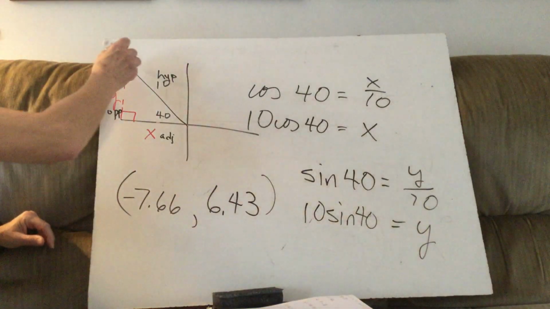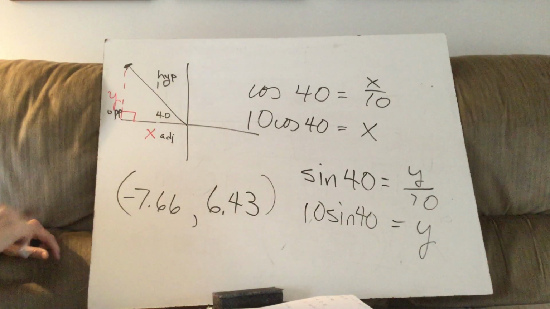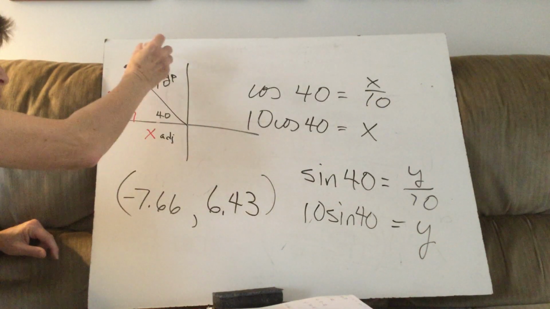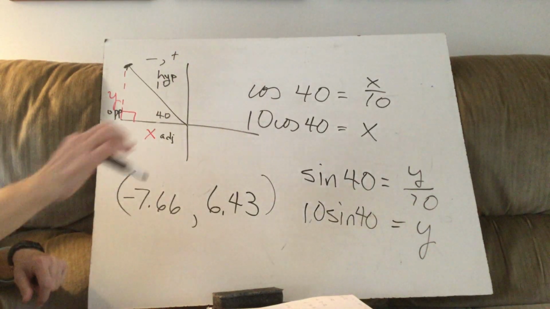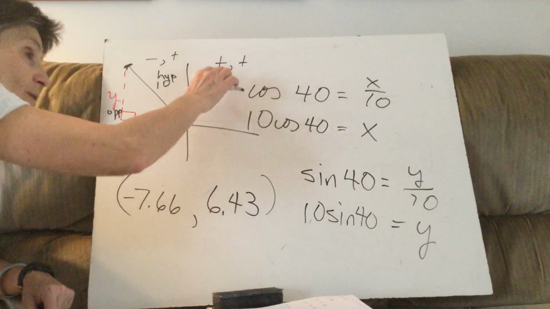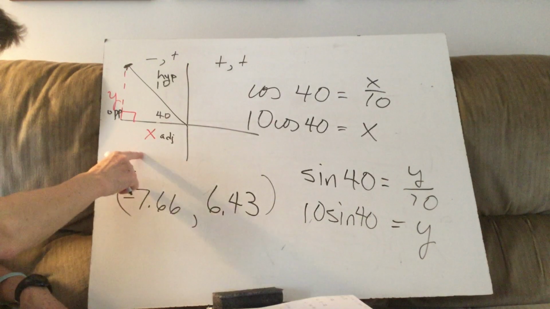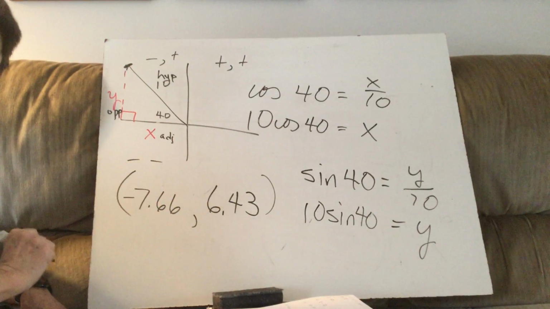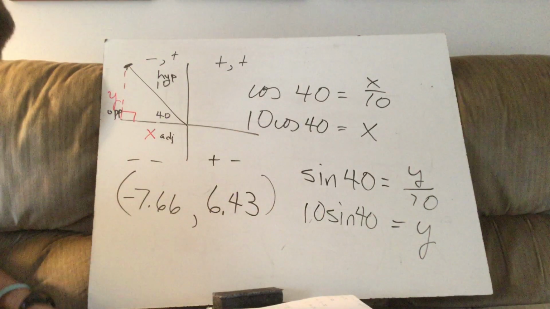Remember, you're identifying a point in the second quadrant. And everything in the second quadrant is negative, positive. Now, we didn't worry about it in our first example because we were in this quadrant, and in this quadrant, everything is positive, positive. If we were down here, everything would be negative, and if we were in quadrant 4, x would be positive and y would be negative.